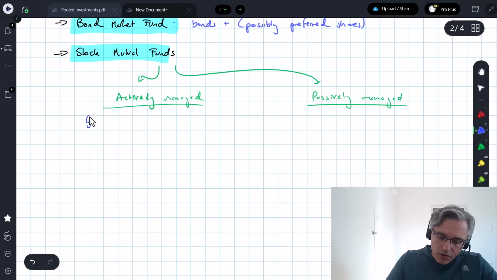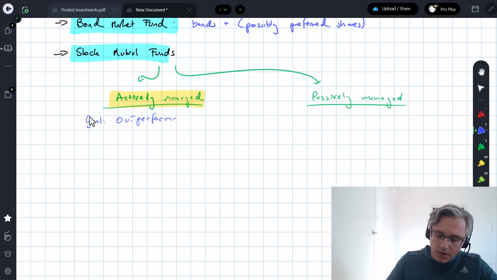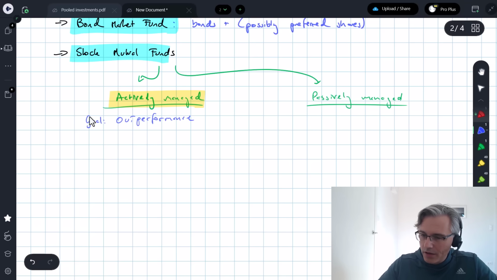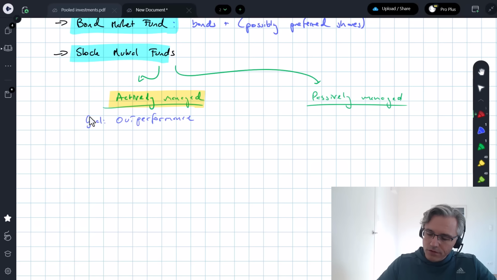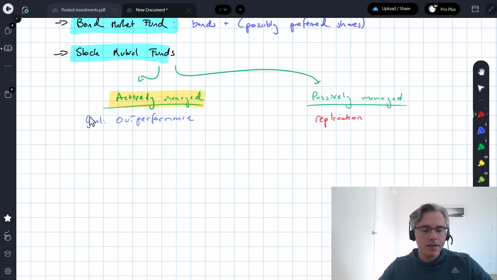Remember that the goal of a manager performing active management is to outperform. The goal is outperformance, typically relative to a chosen benchmark, whereas if you're passively managing a fund, your goal is replication. You want to replicate the performance, typically of an index, a benchmark, right?